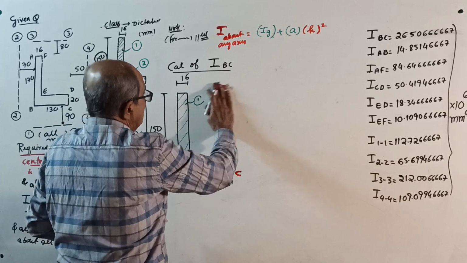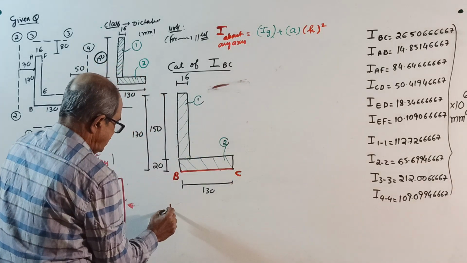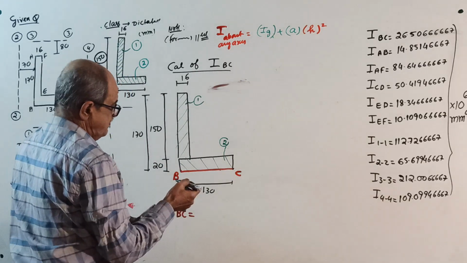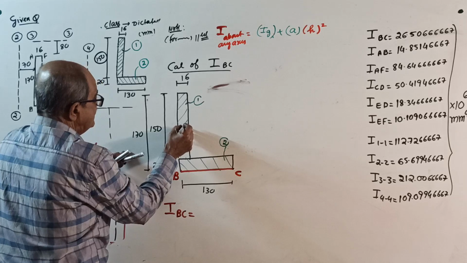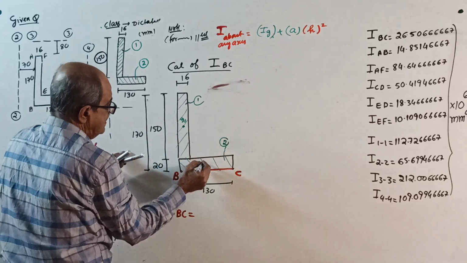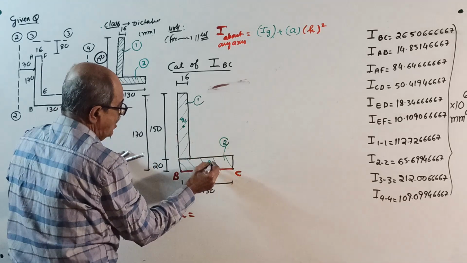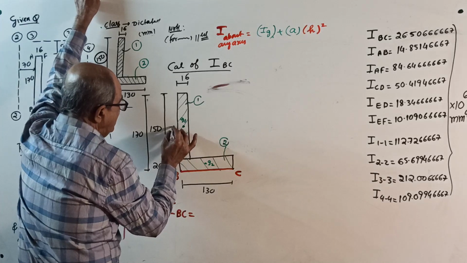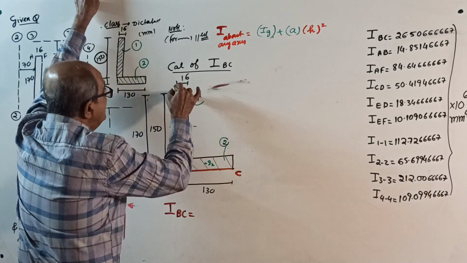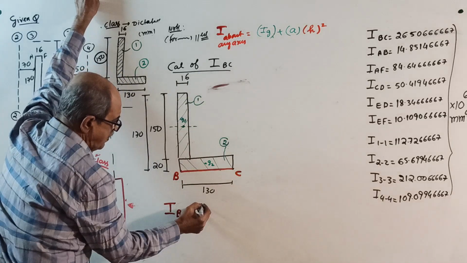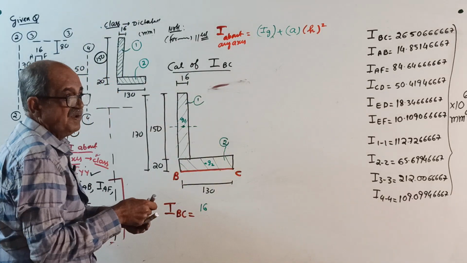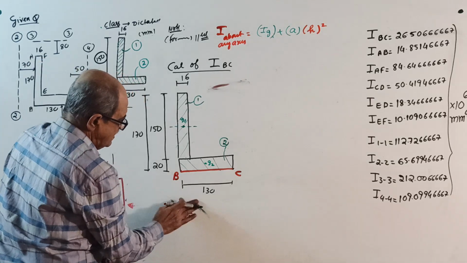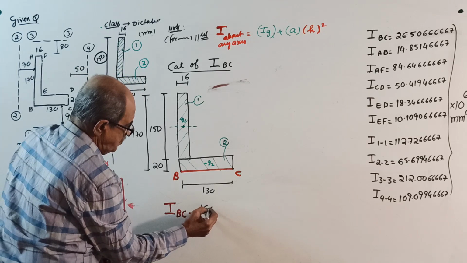I about BC equals, as usual, centroid G1, centroid G2. First write I about its own centroidal axis, 16 into 150 cube by 12. I use black color because it looks neat, but it is IG, remember.